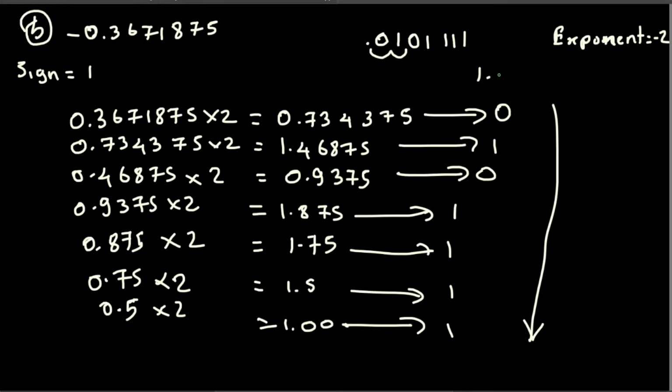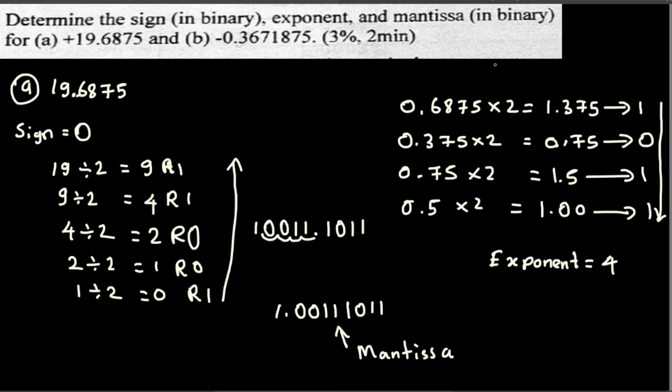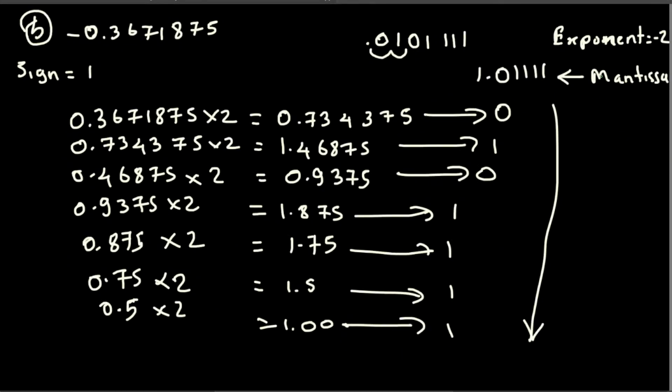And this is what you have after we move: 1.011. This is our mantissa, and since they ask us to represent it in binary, we keep it as is.